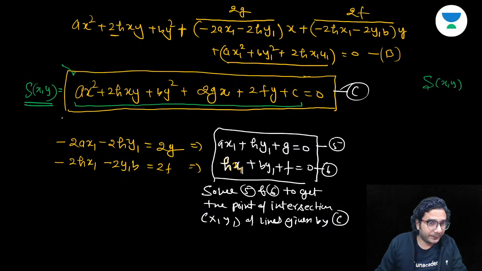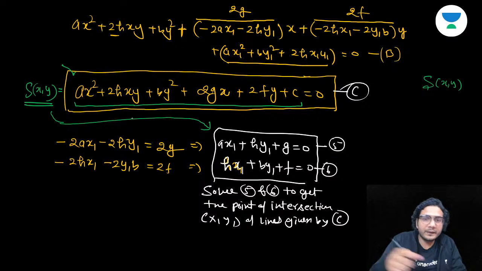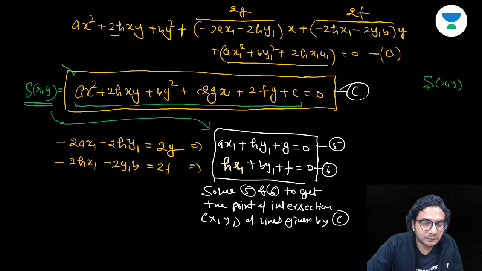Then there will be a point of intersection, which will be given by these two equations. So either you remember equation number 5 or 6, or there should be another way of memorizing them. So I'm telling you another way of memorizing equation number 5 and 6.